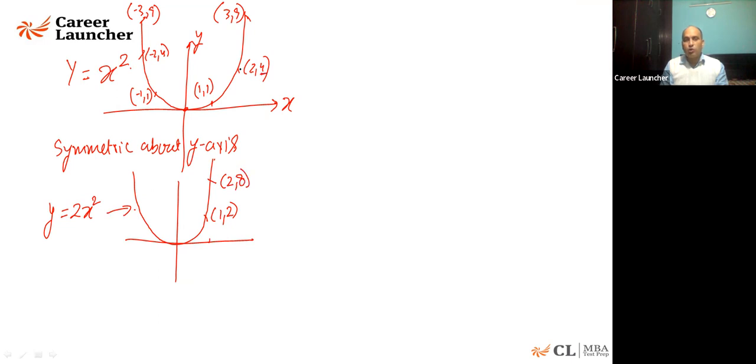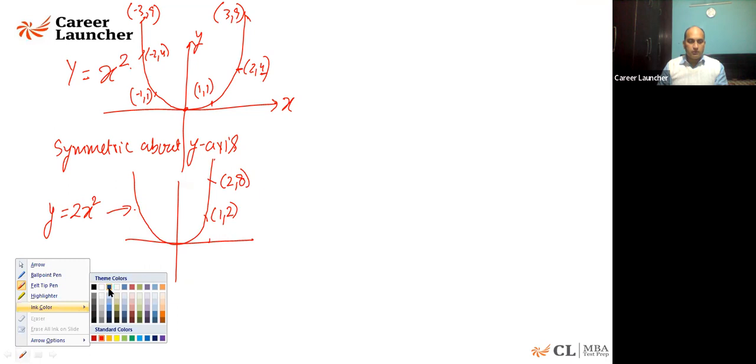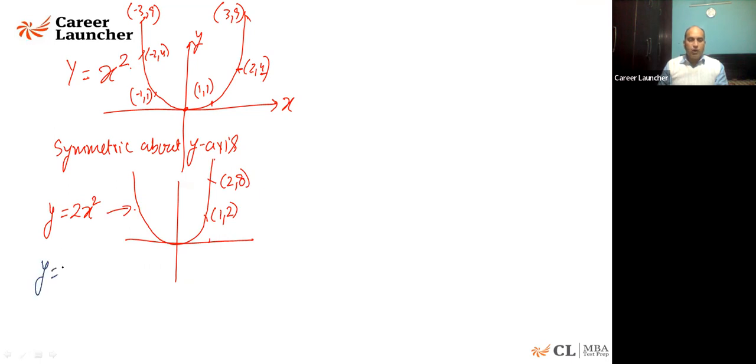So earlier the value of y was coming out to be 4, here it is coming out to be 8. So it is steeper. If I write y is equal to thrice of x square, it will be further steeper. So I can increase the steepness of this one as the coefficient of x square increases.